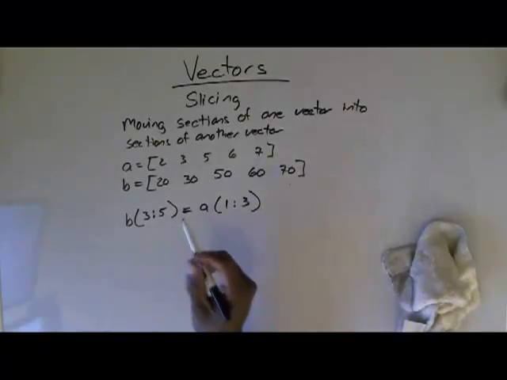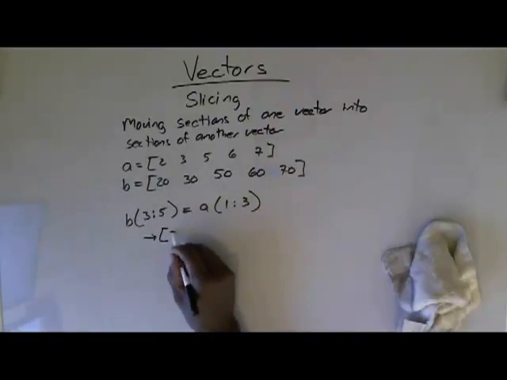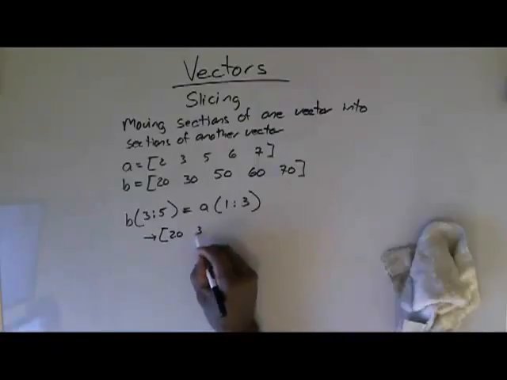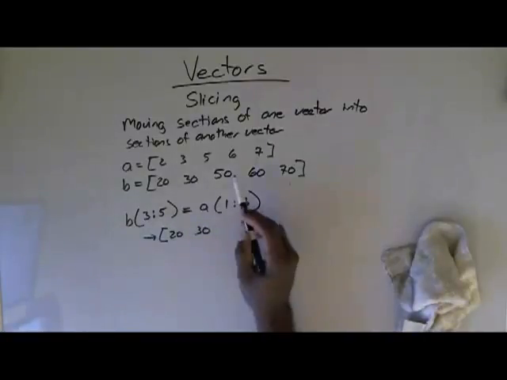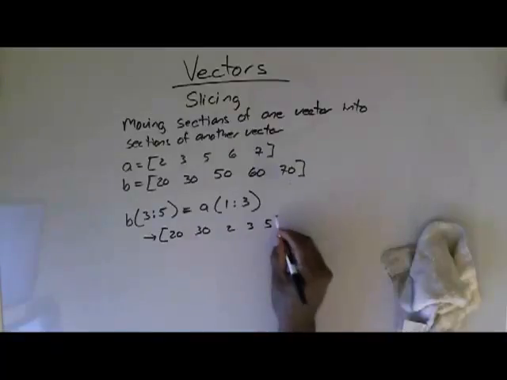So B at locations 1 and 2 will remain the same, and then 3 through 5 get the values of A 1 through 3, so that's 2, 3, and 5.